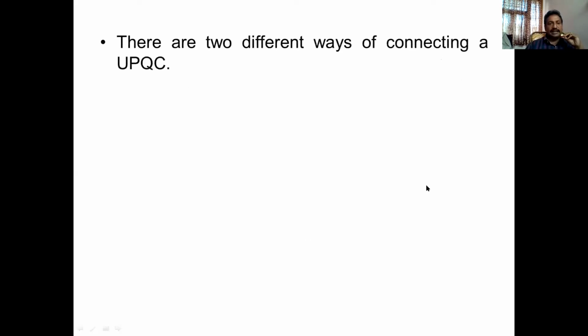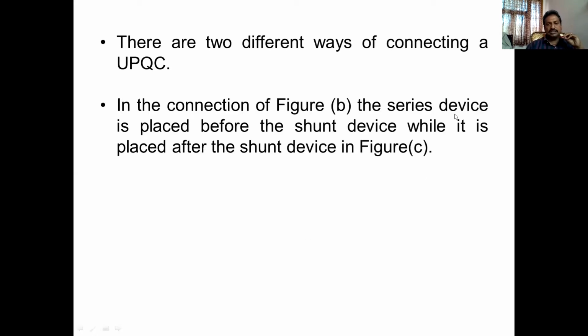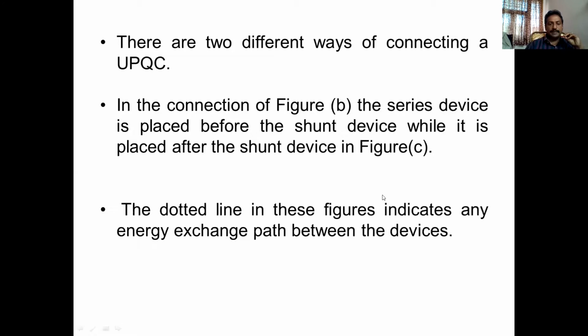So here again, there are two different ways of connecting. In figure B the series device is placed before the shunt device, while in figure C it is placed after the shunt device. The dotted line in these figures indicates the energy exchange path between the devices.